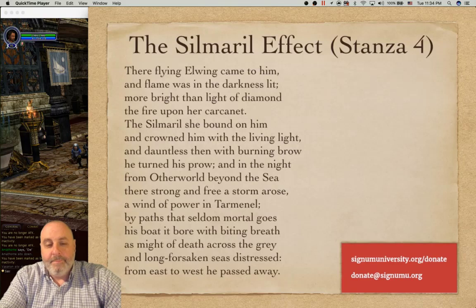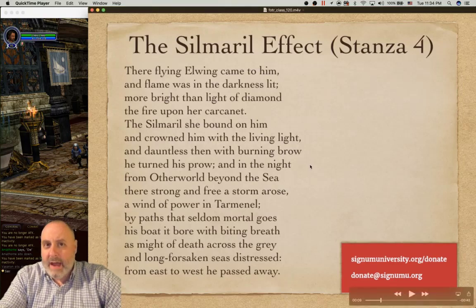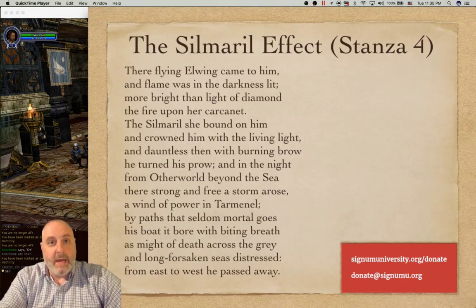But the time mortality is brought up about like here, right? A wind of power in Tarmanel, by paths that seldom mortal goes his boated bore, right? Which sounds like he is coming from the mortal place, right?